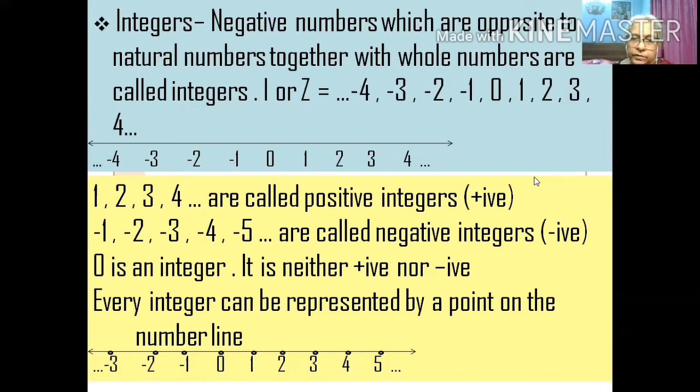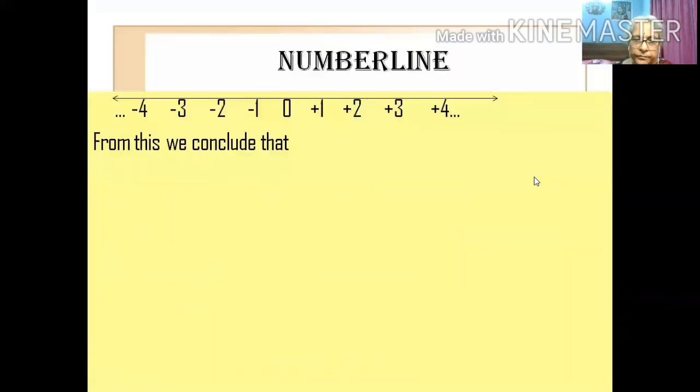Every integer can be represented by a point on the number line. As you are seeing, on the number line there are minus 4, minus 3, minus 2, minus 1, 0, plus 1, plus 2, plus 3, plus 4, and so on.